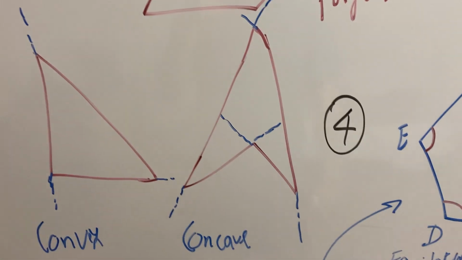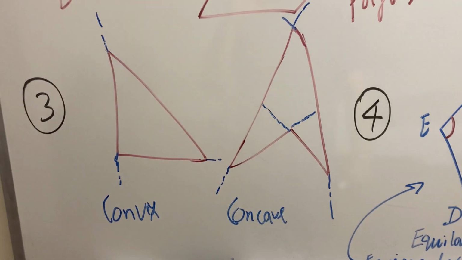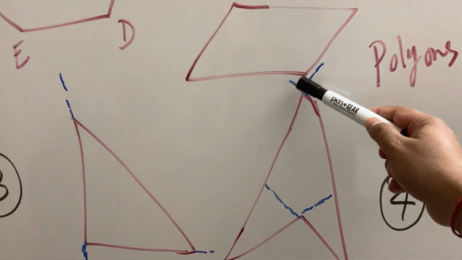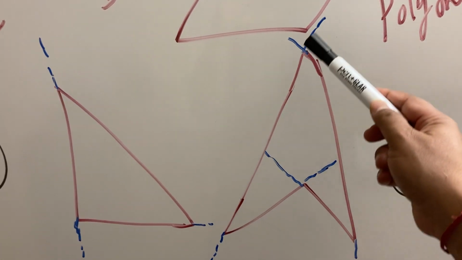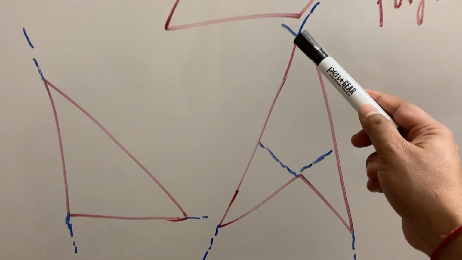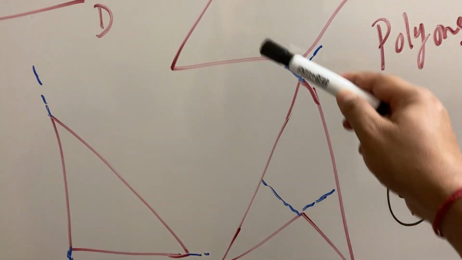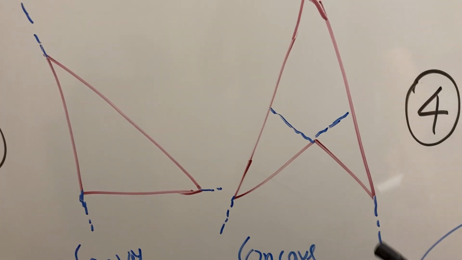Now the next one we have is the concave. What do we mean by concave? For example, this red one is my structure, like an amoeba fish. In this structure, if I try to extend in this direction, it's fine, it's not intersecting. If I extend in this direction, that's also fine.